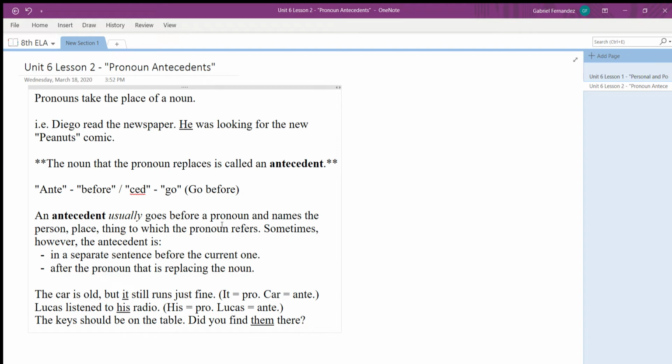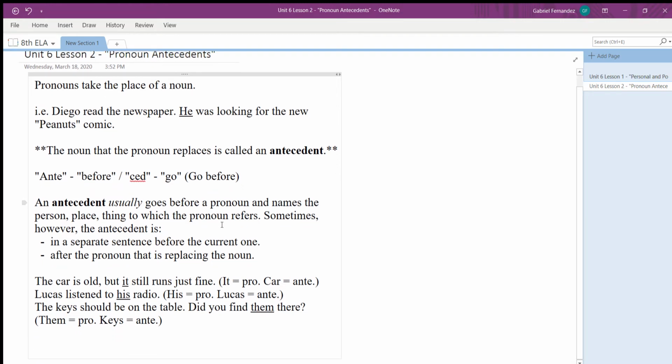We have a them in the second sentence. Them, as we mentioned before, is a pronoun. But what is them referring to? Them, given the context of the sentence before, would be referring to the keys. Keys, therefore, is the antecedent. So as I mentioned, they could be in separate sentences.